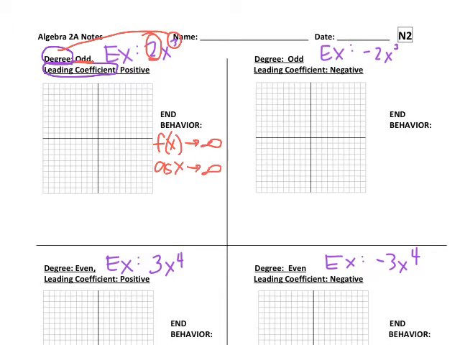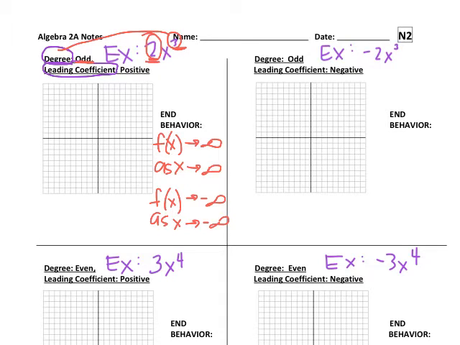And then the other end is that f of x, the function itself, is going to approach negative infinity as x approaches negative infinity. So that's the case for any time we have an odd degree and a positive leading coefficient.